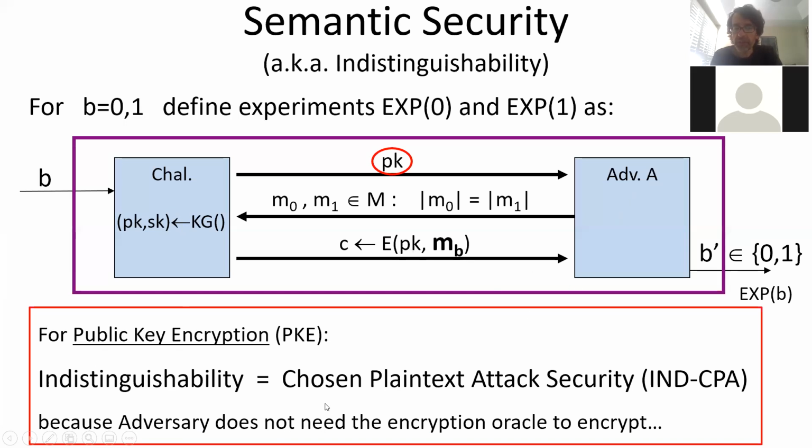Therefore, for whatever chosen plaintext A wants to see encrypted, he can run the public encryption algorithm on the public key locally and compute these ciphertexts himself, right? That's why adding a CPA encryption oracle is not needed, and does not change this picture.